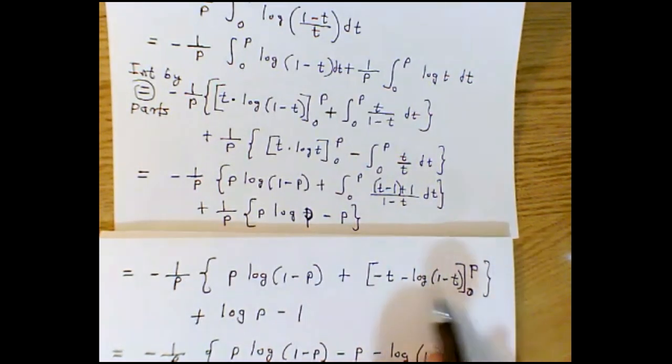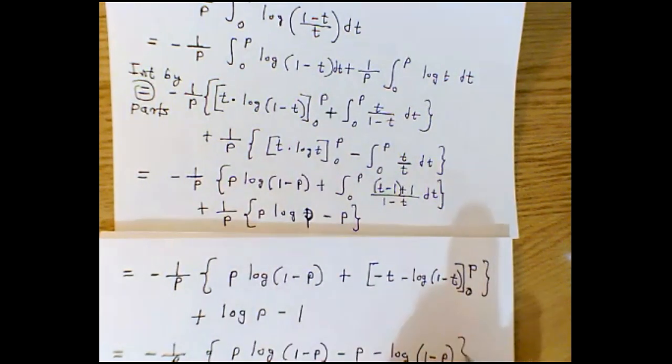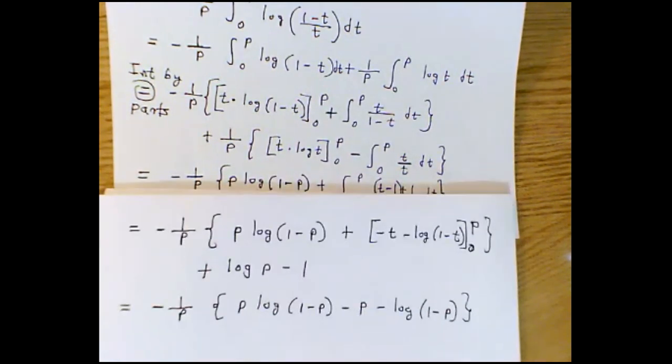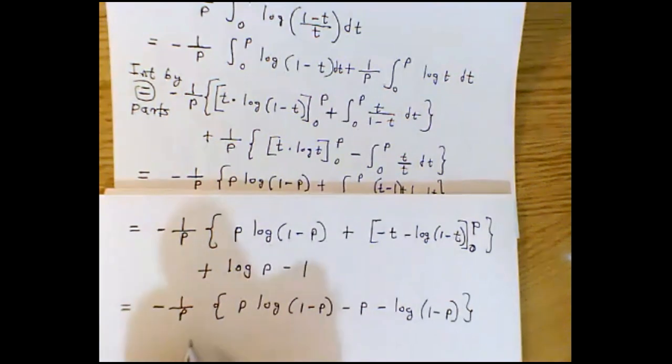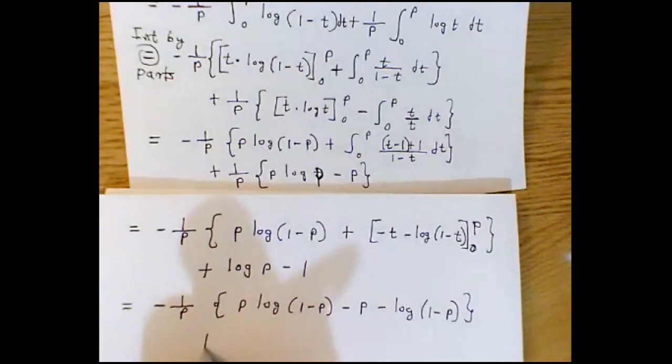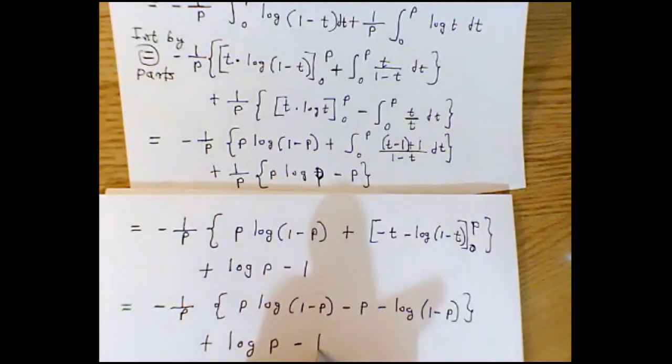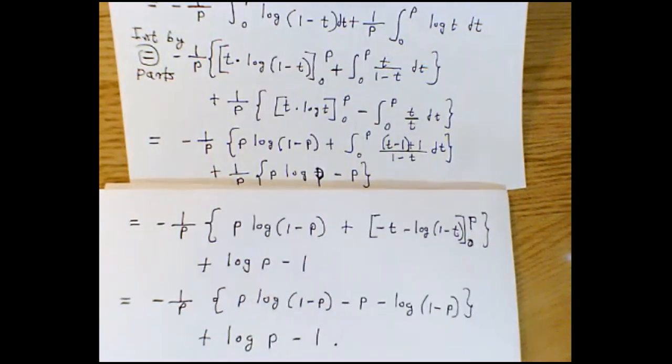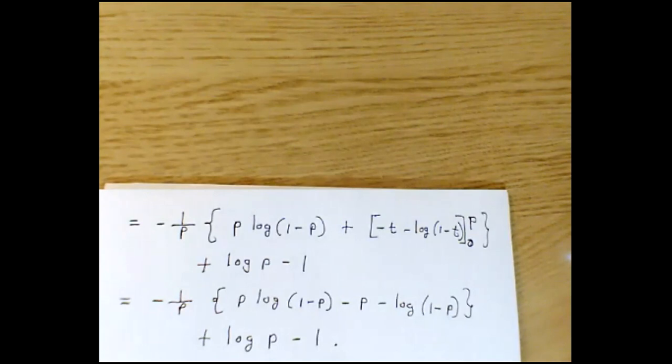And the limit at 0 is 0. All right, so you have this like this, and then you have log p minus 1. So it's a lot of calculations, but the calculus is not difficult at all. It's just integration by parts. That's all you need to know to do example 3.